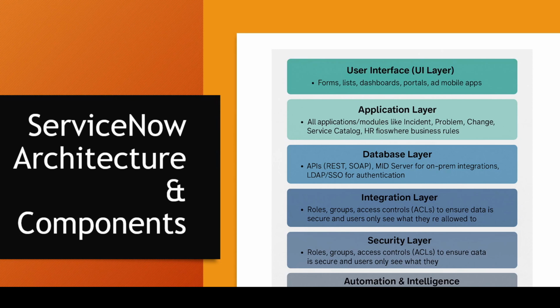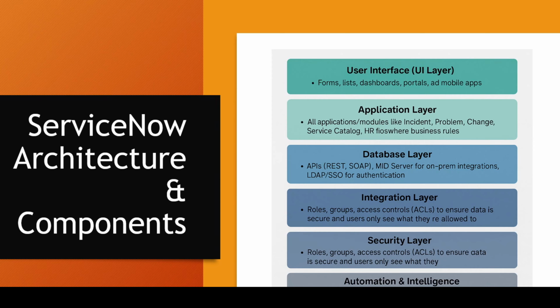This is where ServiceNow really shines, using its workflow engine, Flow Designer, virtual agents, and even machine learning with predictive intelligence. This layer helps automate approvals, route incidents intelligently, and even suggest solutions automatically, reducing manual work.